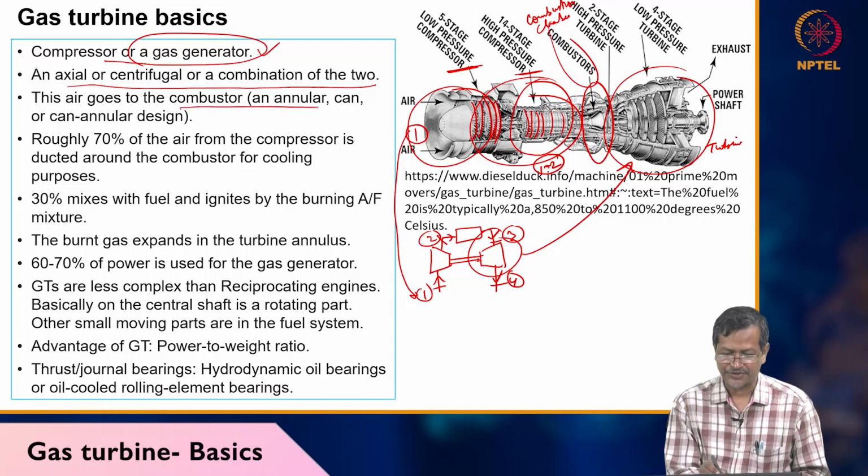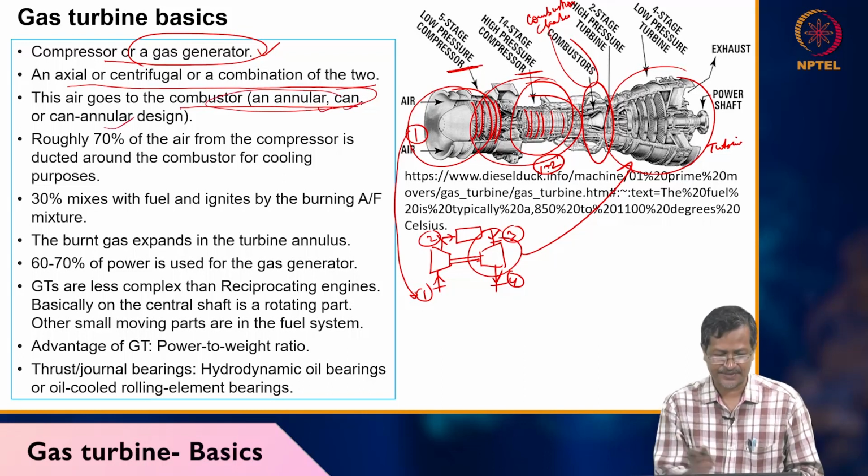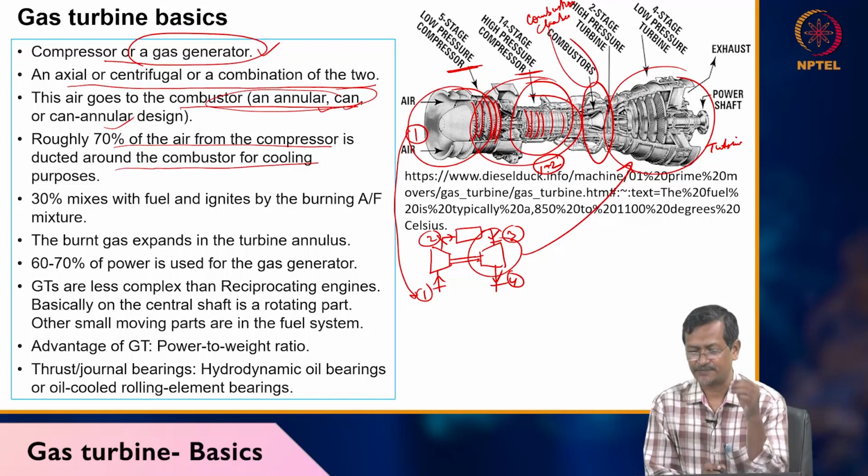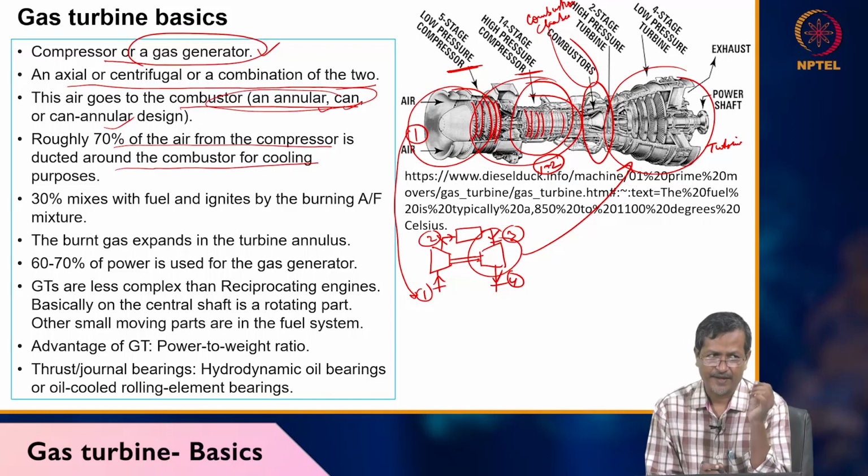The air goes to the combustion chamber, annular or can type. This combustor system I will discuss later: annular, can-annular, different types of combustion systems are there. Roughly 70% of air from the compressor is ducted around the combustor for cooling purposes. In the combustor, fuel is burning and the temperature will be very high, so material strength will be a problem.